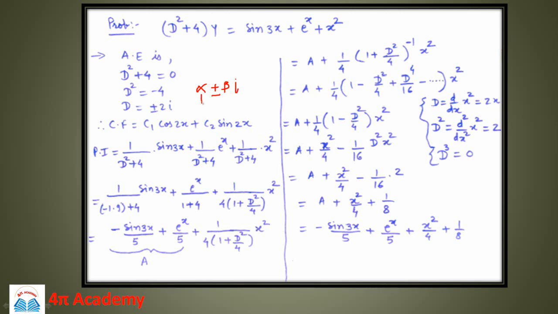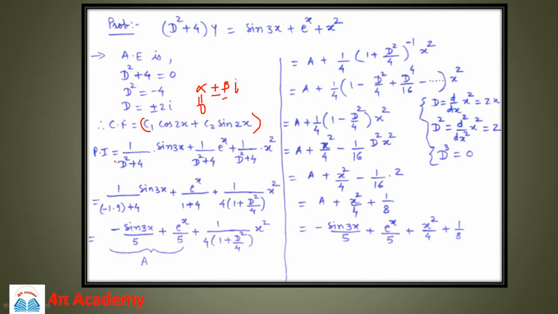So since the value of alpha is 0, we have only beta, and therefore the complementary function will be equal to c1 cos beta x plus c2 sin beta x, multiplied by e raised to power alpha x, but since alpha is 0, e raised to power 0 is 1, and therefore we have only the complementary function as c1 cos 2x plus c2 sin 2x. Okay. Now coming to the particular integral.